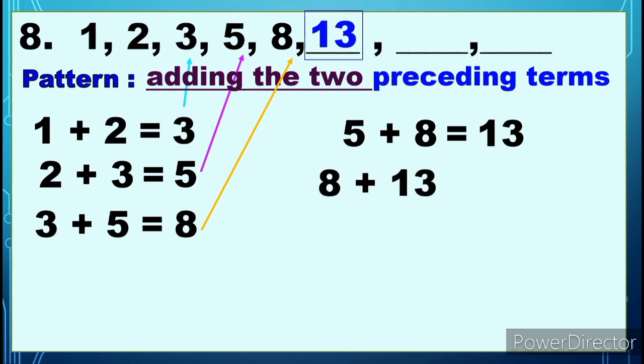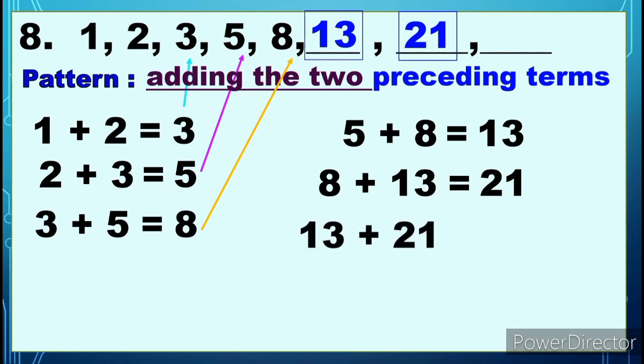And then, 8 plus 13 equals 21. And then, 13 plus 21 equals 34. So, therefore, the pattern is adding the two preceding terms. Therefore, the next three terms of the sequence are 13, 21, and 34. Okay, so ito yung tinatawag na Fibonacci Sequence.